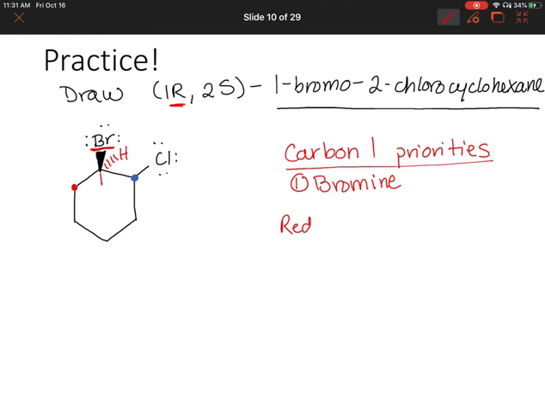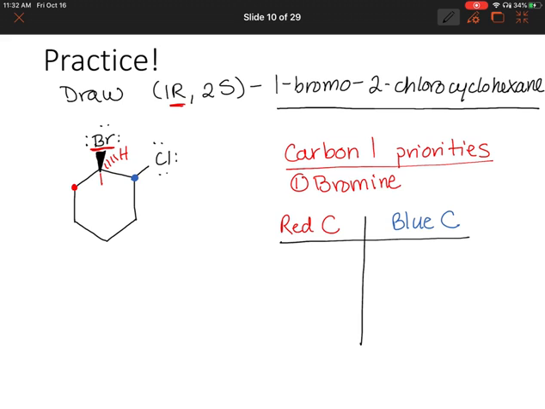Okay, so the red carbon versus the blue carbon. So now we have to go down the chain and figure out which atoms are directly connected to the red carbon, which atoms are directly connected to the blue carbon, and then we'll compare them and see which ones are heavier, which ones have the higher mass.